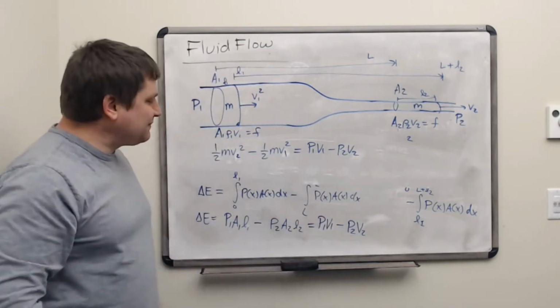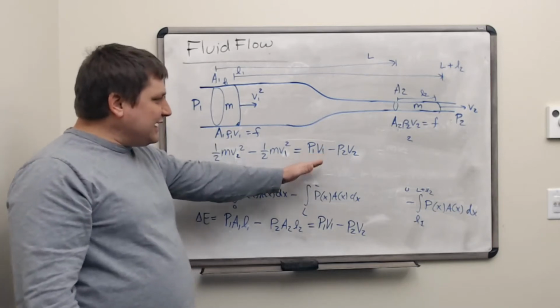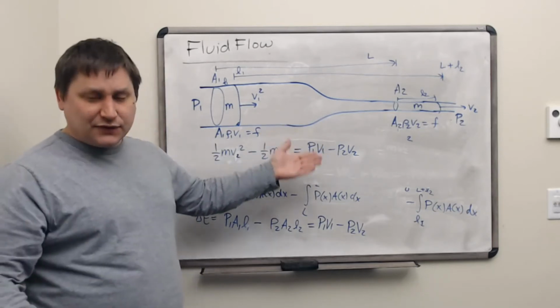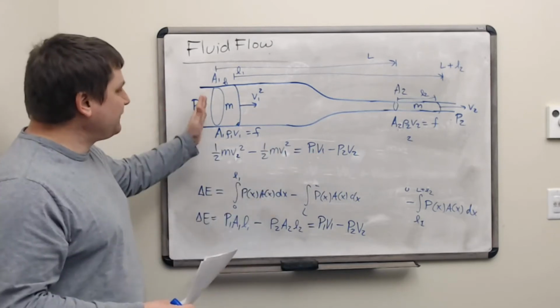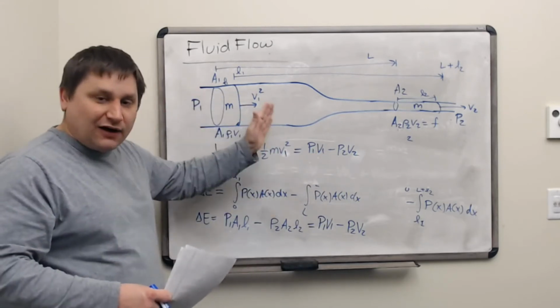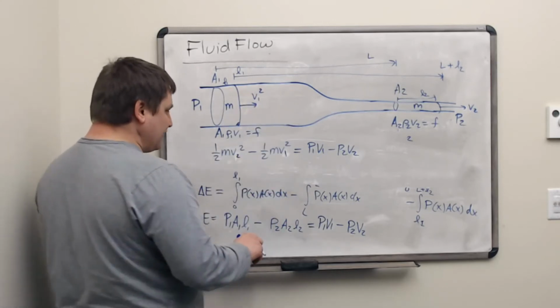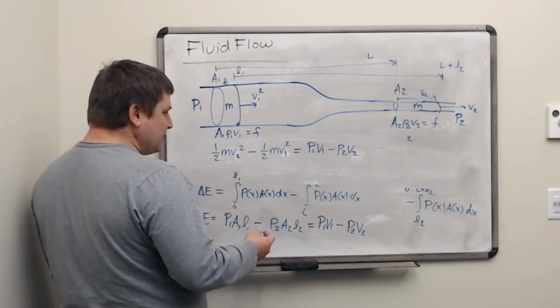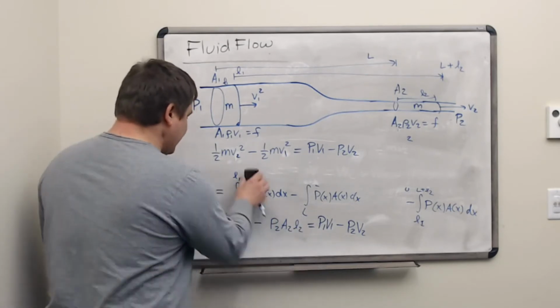So it seems like this product P times V can be interpreted as some sort of energy of the fluid. It actually is similar to the internal energy of the fluid, that's ability to do work on itself via its pressure. So to write this as a conservation equation, we want to move all energies at the same location to the same side of the equation.